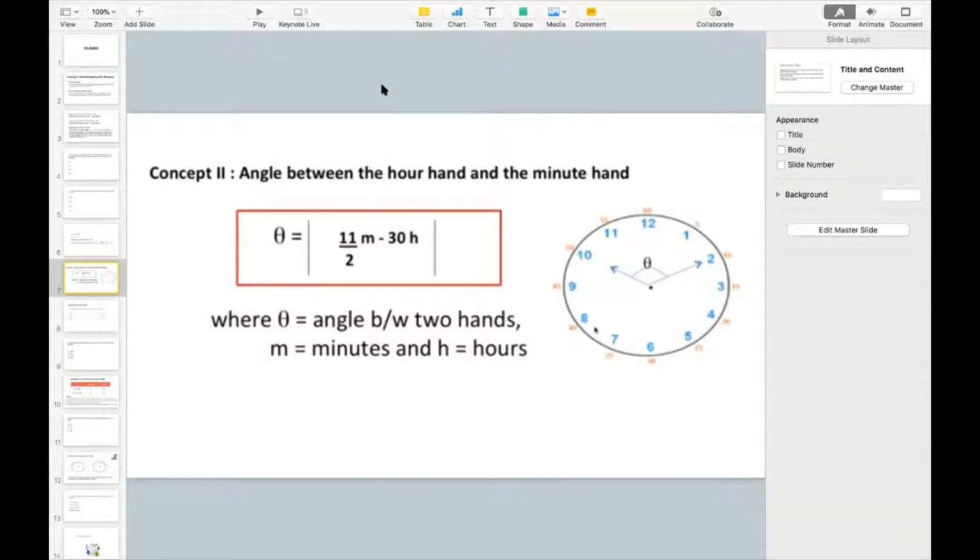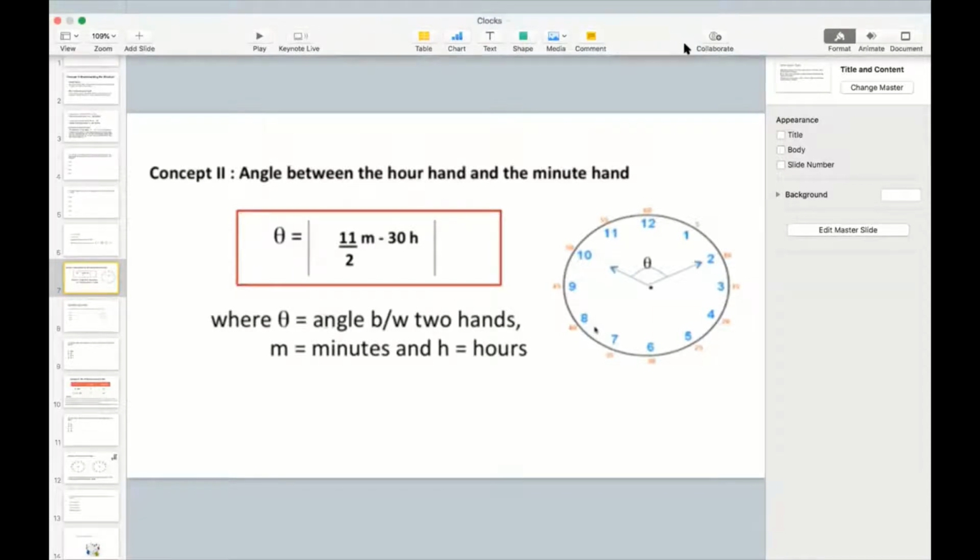They also give us the value of the hour, because the time is between 4 to 5 p.m. So it will be of the form 4 is to m, where 4 is the hour value and m will be the minute value. So in this formula, when I put the value of theta as 0 and the value of h as 4, then after simplifying, you will get the value of m. That value of m will come out to be 240 by 11.